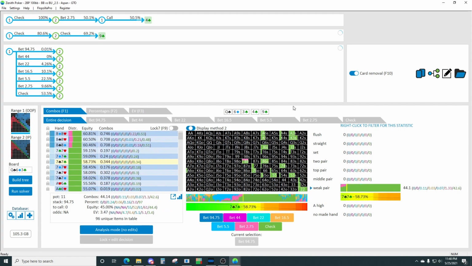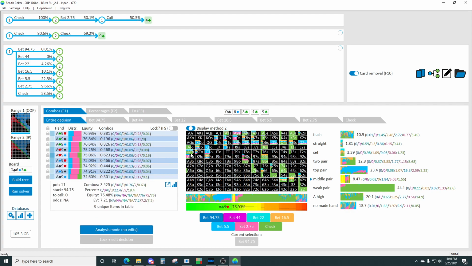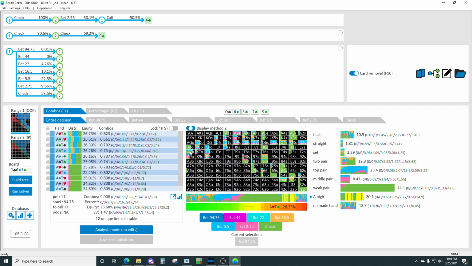Everything that is worse than ace high, they just bluff, and then even some ace high, like even ace 10 with a club starting to bluff. So a hand as high as ace 10 is bluffing the river here.